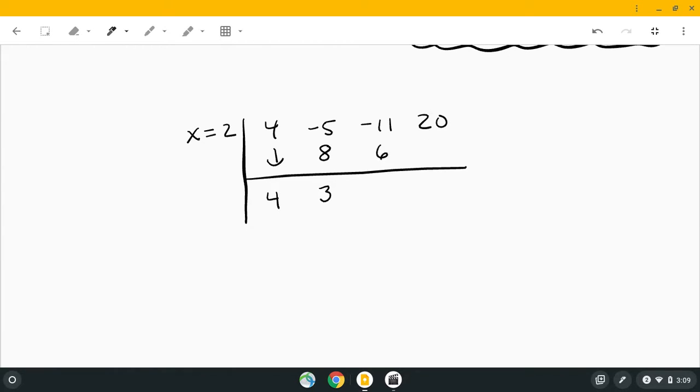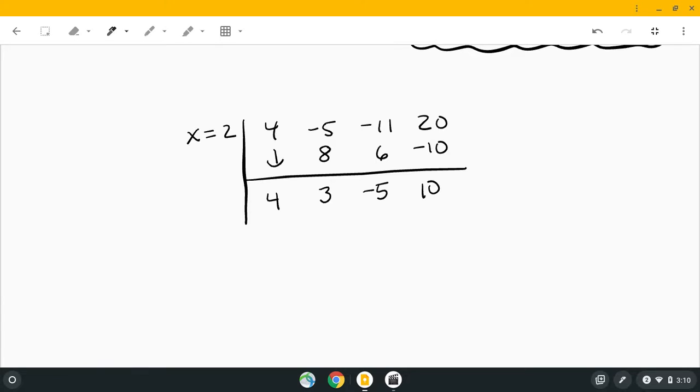So we get 6. Then I add these again, -11 plus 6. I get -5. Then I take that -5 and multiply it by this outside number. I get -10. Then I add these together and I get 10.